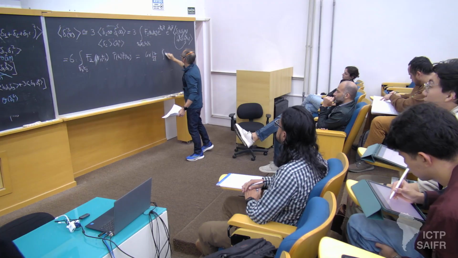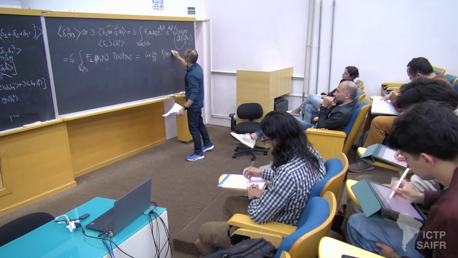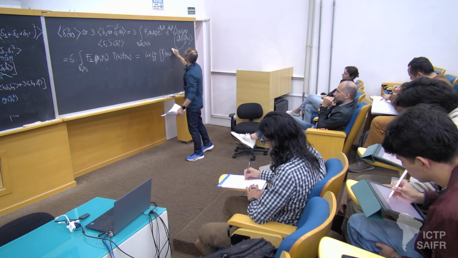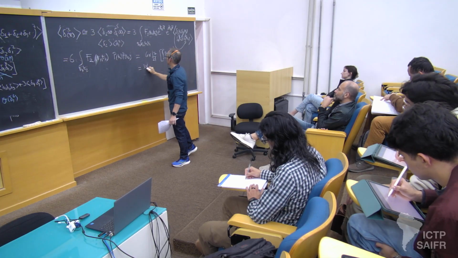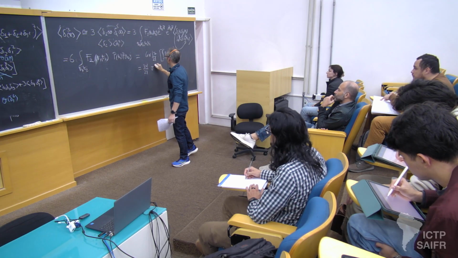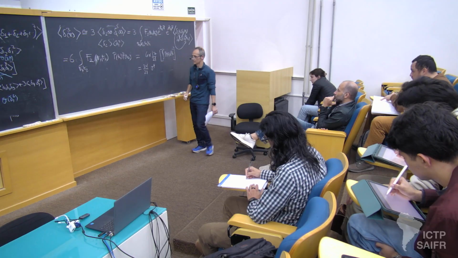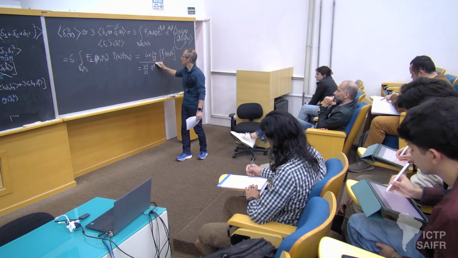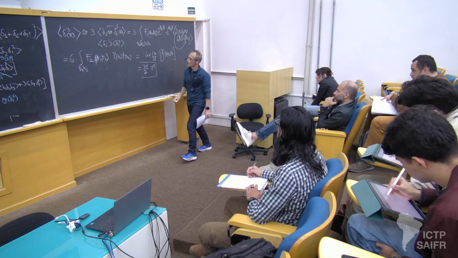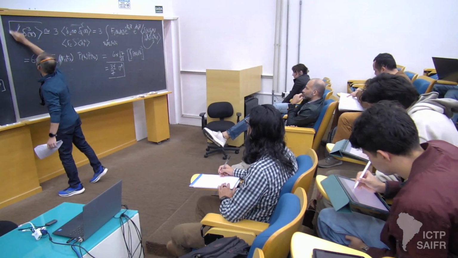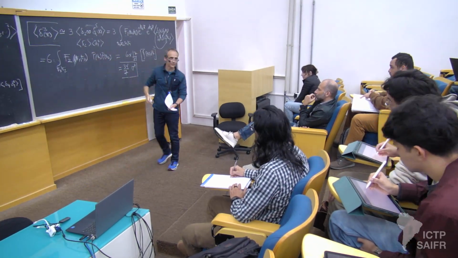So writing explicitly the integration, I get 34 over 21 times the variance squared, which is sigma to the 4th. Sorry, 126 over 7. So that's that mysterious number.